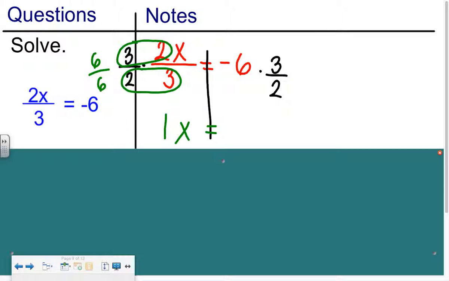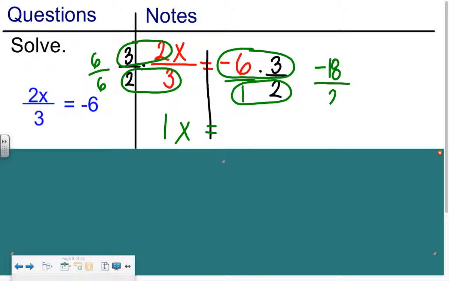Now if you look at the right-hand side, the thing I want to do before I multiply the negative 6 by the 3 over 2 is to turn negative 6 into a fraction. So I have to put it over 1. Then I can do the same thing: multiply across. Negative 6 times 3 is negative 18. 1 times 2 is 2.